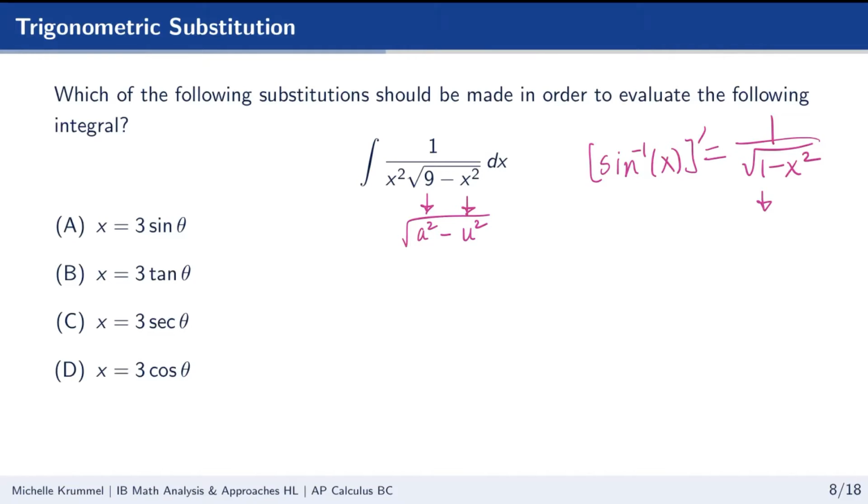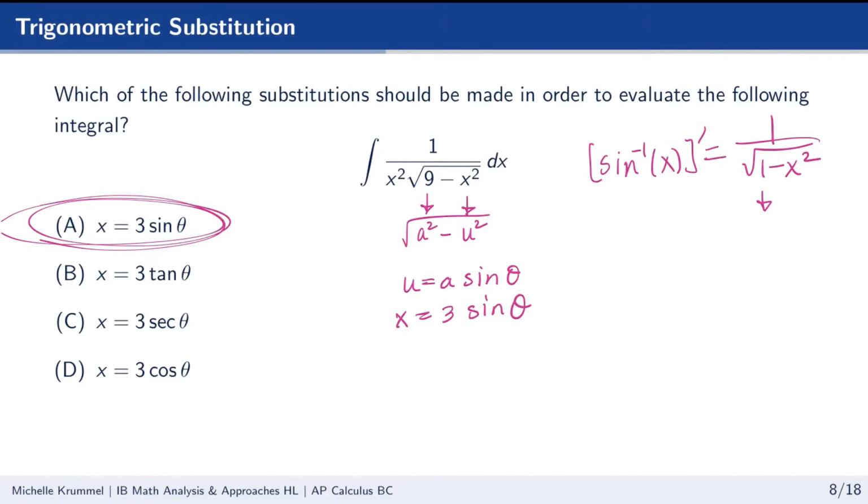So when I see constant squared minus variable squared, I immediately just think of the sine function. So the substitution we're making there is u equals a sine theta. The a equals 3 and the u equals x. So x equals 3 sine theta.